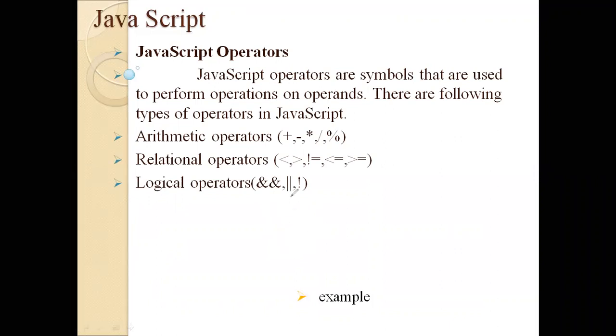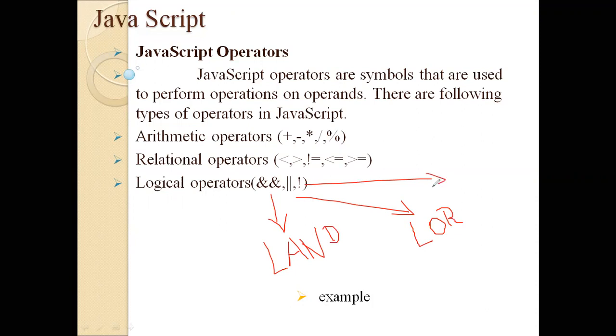The first one is called logical AND, the second one is called logical OR, and the third one is called logical NOT, which is shown by an exclamation mark here.